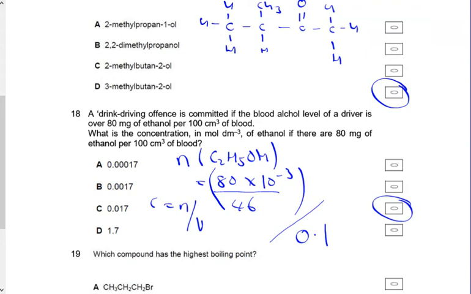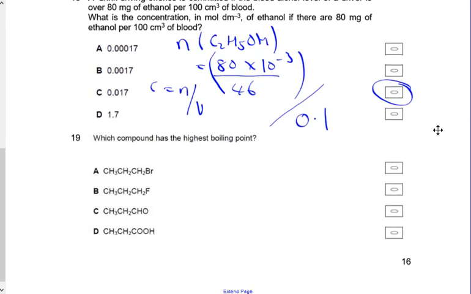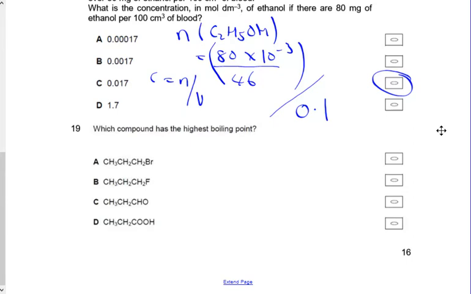Okay, number 19. Which compound has the highest boiling point? This question is about intermolecular forces between molecules. A has a permanent dipole. B has a permanent dipole. C is an aldehyde that also has a permanent dipole.